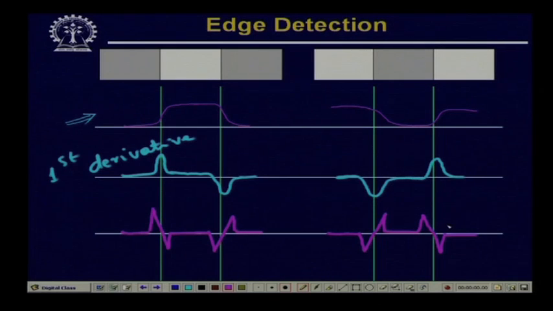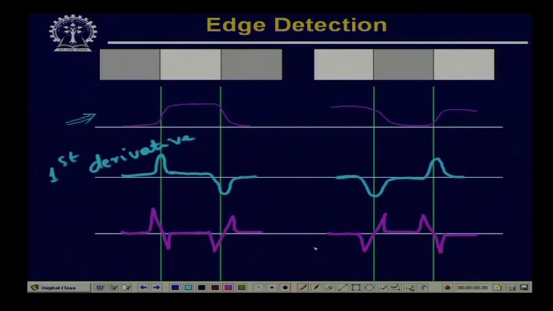You find that the first derivative is positive at the leading edge, whereas it is negative at the trailing edge. Similarly, the second derivative is positive on the darker side of the edge and negative on the brighter side of the edge. That can be verified in both the situations: the second derivative becomes positive on the darker side of the edge, but negative on the brighter side of the edge.